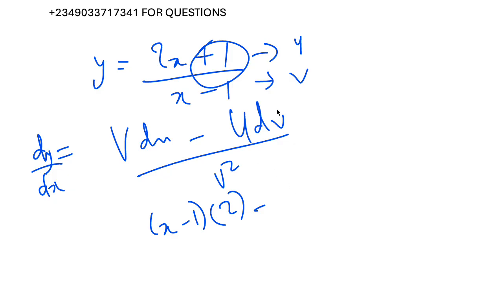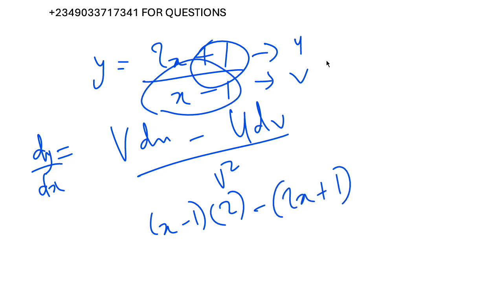Then minus u, which is 2x plus 1, times dv. The differential of x minus 1 is 1, because the differential of x is 1, and the differential of negative 1 is 0.